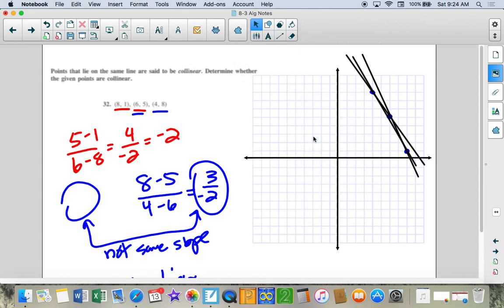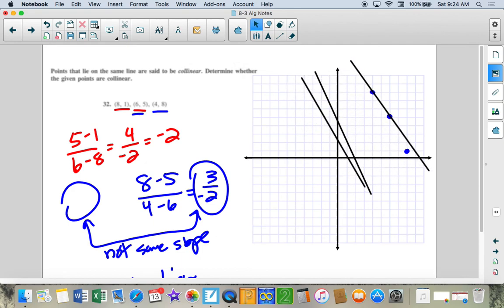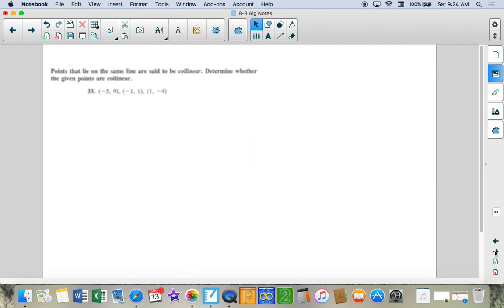Delete that. If I pull these away, so if I try to connect, that's that line. So notice this line, that point's missing. These 2 points, that third middle point is not on it. And then this one, notice that third point is not. So those are not collinear.